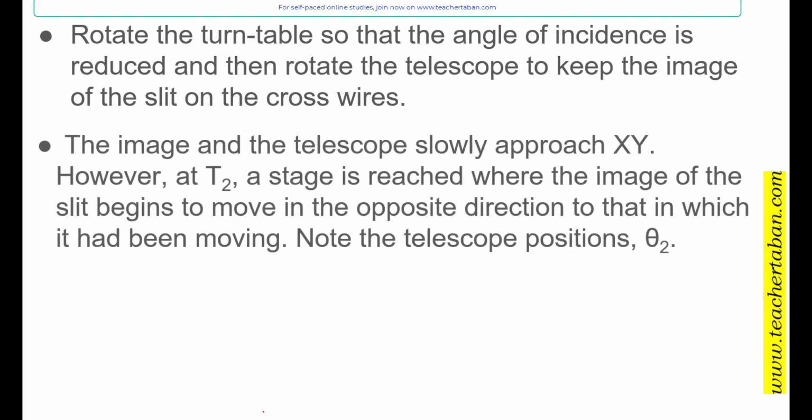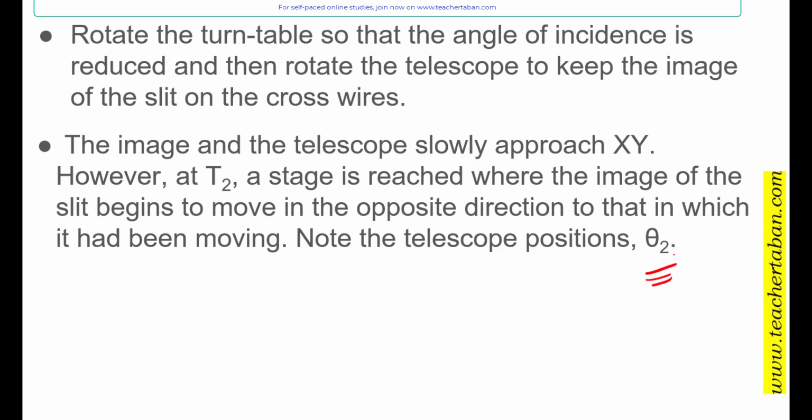The image and the telescope slowly approach XY, in other words, the original position of the telescope. The image approximately reaches that. However, at a given position T2, a stage is reached where the image of the slit begins to move in the opposite direction. We saw this in the video. So, when it starts to move in the opposite direction, simply take note of this telescope position as θ2.